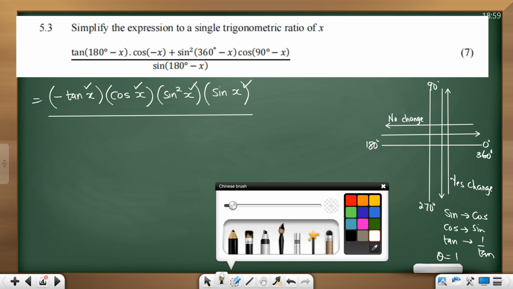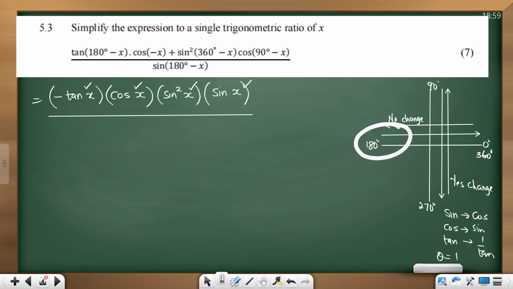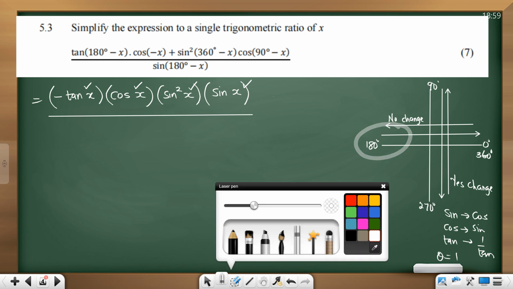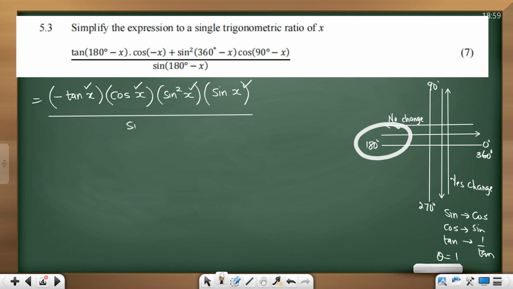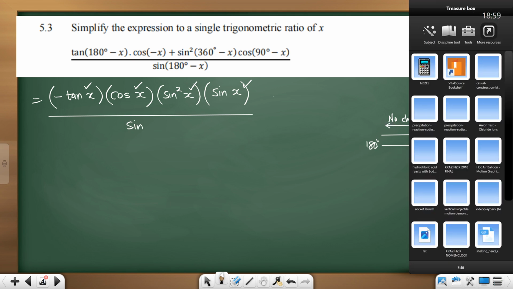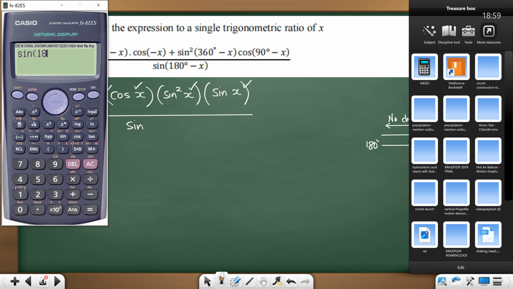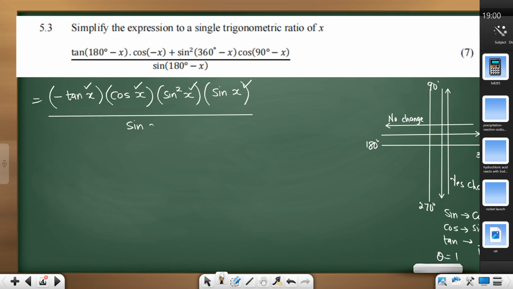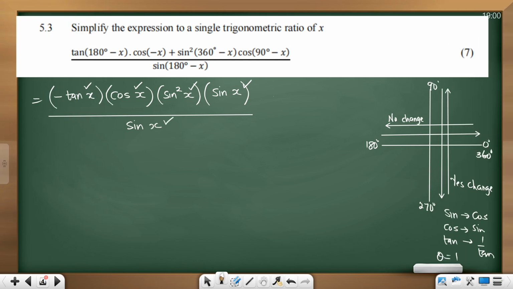Sine 180 minus x. 180 is under no change, so it remains as sine. And that's your second quadrant, which is positive. But let us confirm if it works. Sine 180 minus 1. Check that. It's positive. Lovely. I am sitting on mark number 5 out of 7.